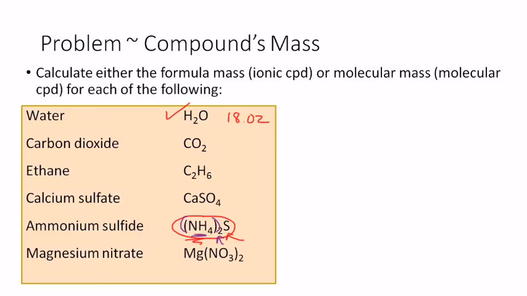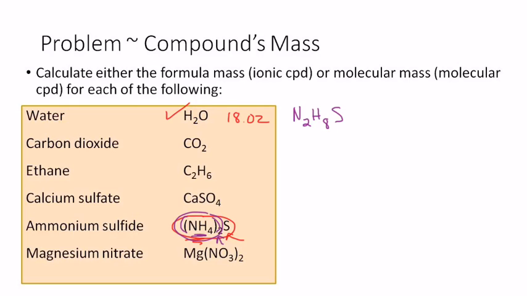So I'm going to rewrite the formula of ammonium sulfide like this. I actually have 2 nitrogens, and hydrogens I have 8. Do you see where that came from? Because I have 2 NH4s, that gives me 2 nitrogen atoms, 8 hydrogen atoms, and 1 sulfur atom. And you can write a formula like that. It doesn't give as much information as the other one, but that's perfectly fine.